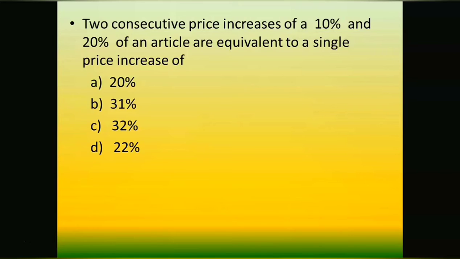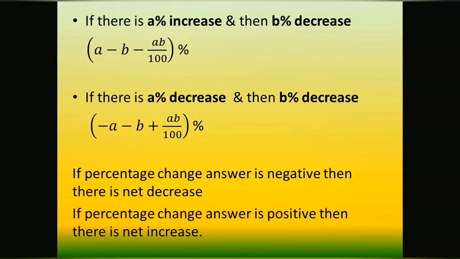Okay, but if the cases are like initially it is increased by some A% and then it is decreased by some B%, then whether the final change is an increase or a decrease, that means positive or negative, cannot be predicted. So once we find out this answer, depending on the sign, you will decide whether it is a net increase or net decrease. We shall see one example based on this to understand it.